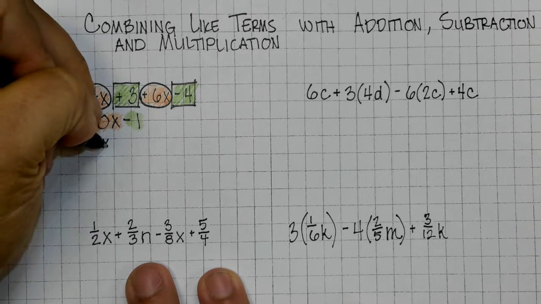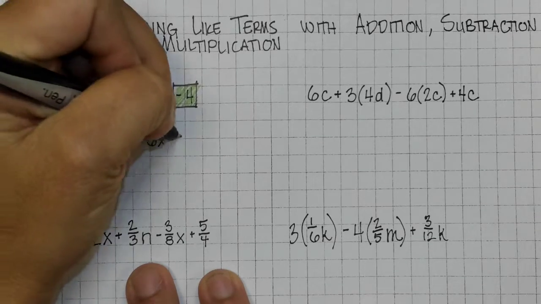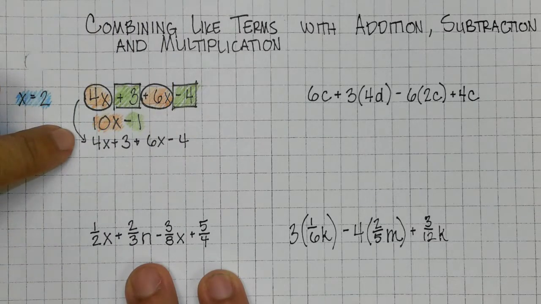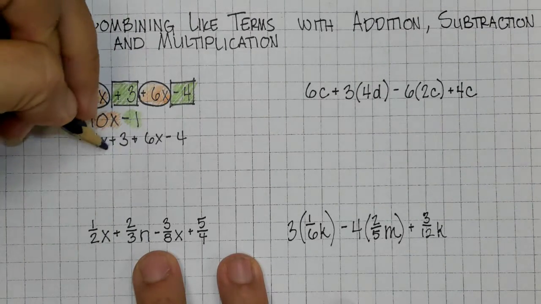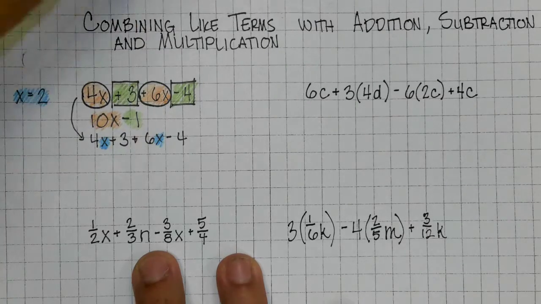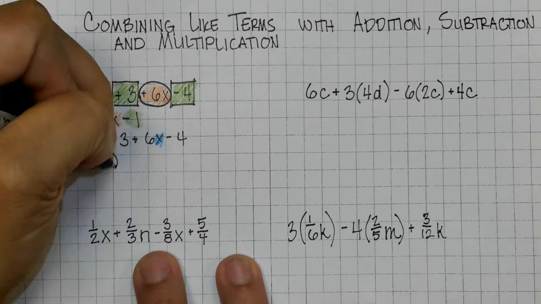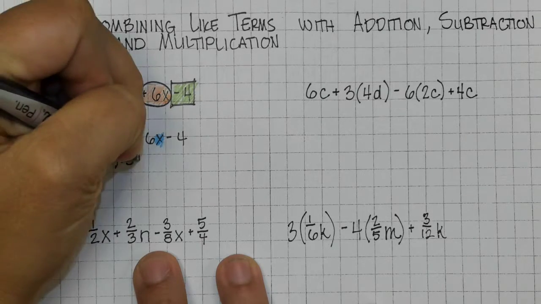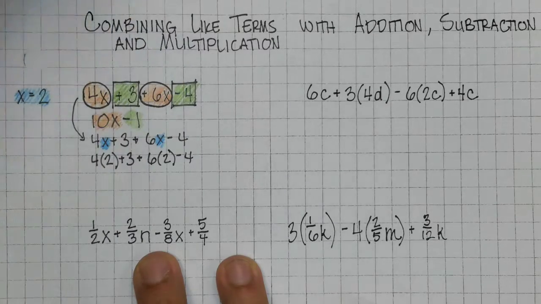I've got 4x plus 3 plus 6x minus 4. That's what we were working with there, and I just rewrote it. And what I'm about to do here is substitute 2 in every time I get to an x. And so I have 4 times 2 plus 3 plus 6 times 2 minus 4.